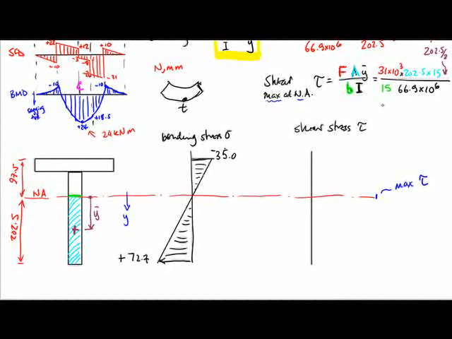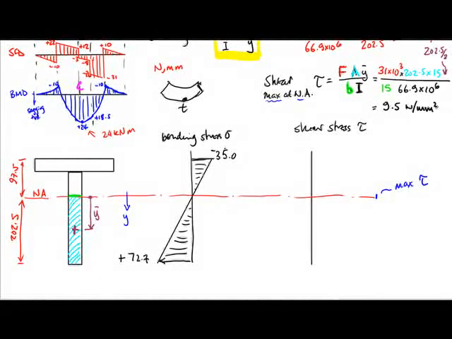So these are then all the values we require for finding the shear stress at this point, and when we do the calculation, we get a shear stress value of about 9.5 newtons per millimeter squared.